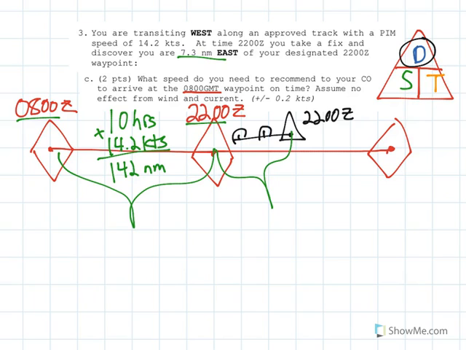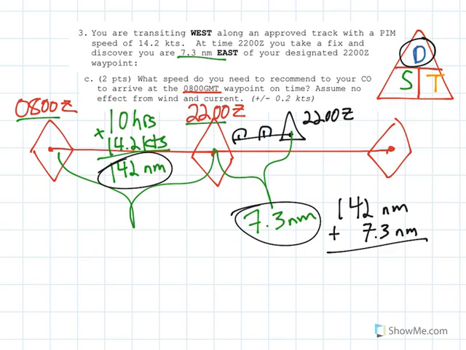It was given in the problem, 7.3 nautical miles east. So we have to add this number and this number to get the total distance we need to go. Use our calculator, and we take 142 nautical miles and add 7.3 nautical miles, and we get 149.3 nautical miles. That's our distance.